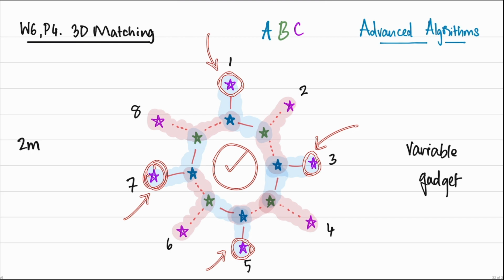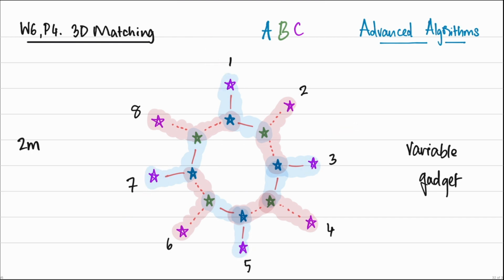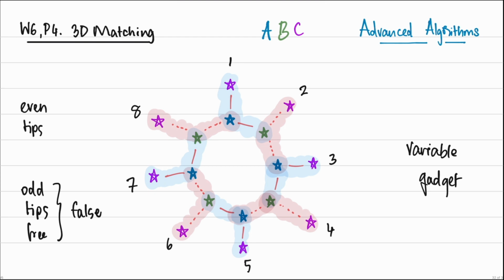So let me make one convention explicit so we have something to go by. If we leave the odd tips free, let's say that means that we want to set the variable to 0 or to false. And if we leave the even tips free, on the other hand, then it means that we are setting the variable to true.